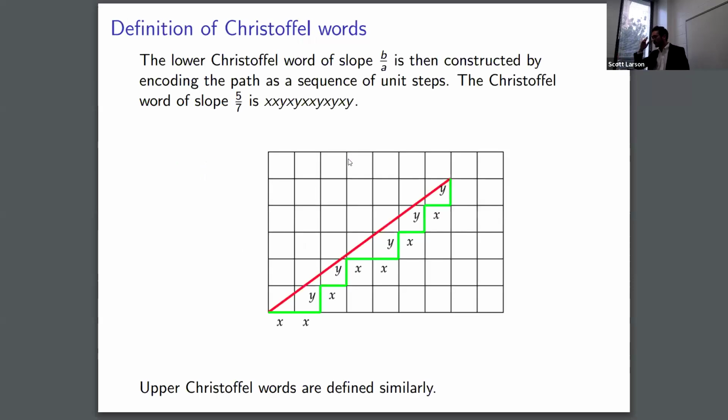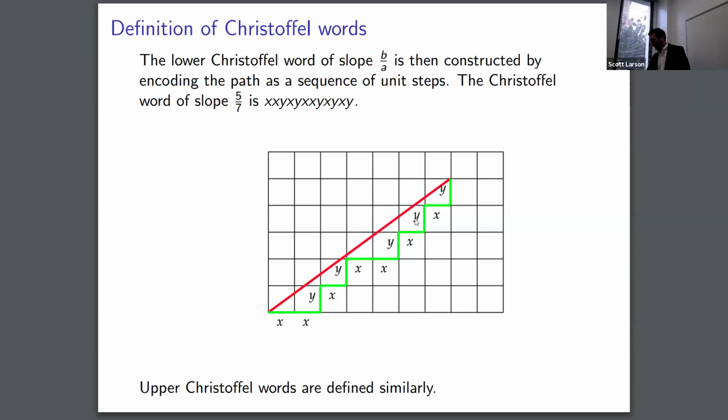So you could imagine if, say, we were taking whatever point this would be, would that be 4 over 6? Obviously 4 and 6 aren't relatively prime. You can imagine the line that we're going to connect from the origin to there would intersect this point right here. Then we would get a Christoffel word down here, X, X, Y, X, Y. Then we could get another Christoffel word up here, X, X, Y, X, Y. It's the same word.